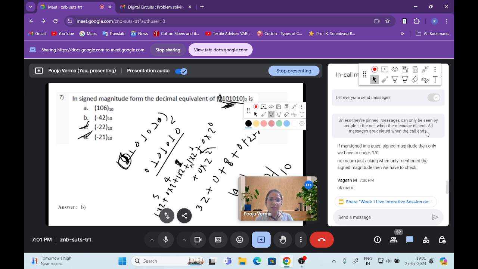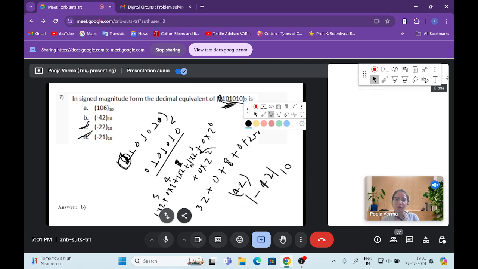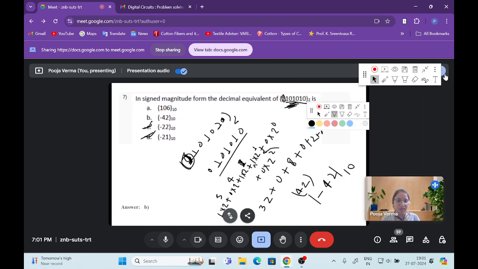If they are asking for decimal equivalent or addition and subtraction in a question, you will get to know. Here it is written. And if you solve this question by 1's complement or 2's complement, or directly calculate the decimal number of this number, you will get something else.